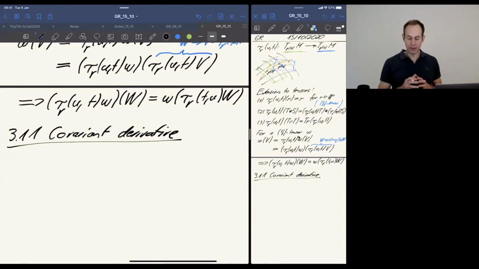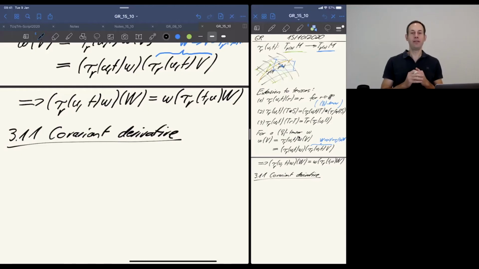So the covariant derivative and the Lie derivative are really different things. They're different notions of how to capture the notion that a vector changes. In the Lie derivative, the question was, if you have a flow, how does a vector field that we observe while floating on that flow change?